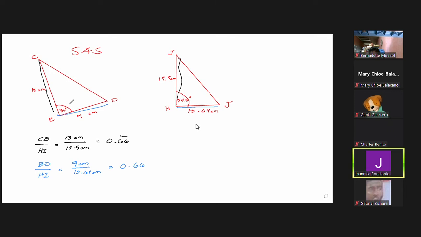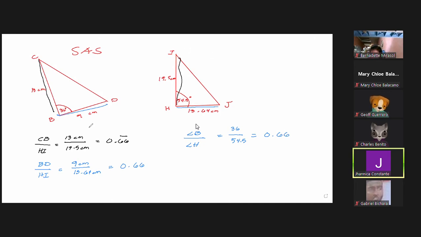The problem now is the angle, if we will have the same proportion also when it comes to the angle given. Angle B is proportional to angle H. Angle B measures 36 degrees divided by the measurement of angle H, which is equal to 54.5. So 36 divided by 54.5 is also equal to 0.66.